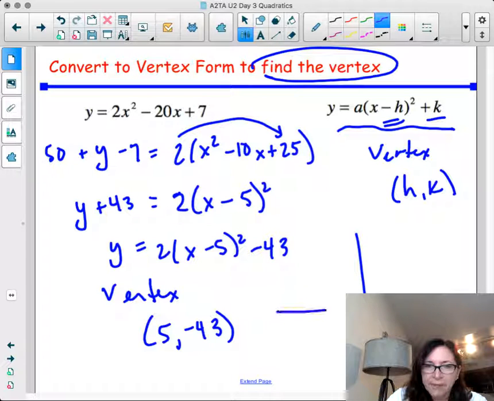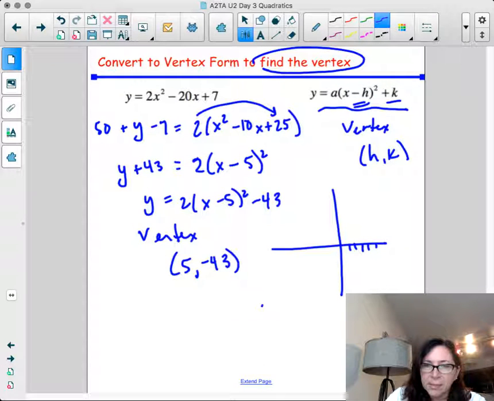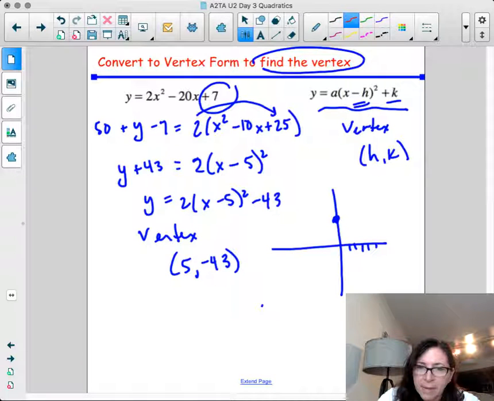So if I were graphing this, let's see here, 1, 2, 3, 4, 5. Let's see, 43 is probably way down here. So that's my vertex. Keep in mind, my y-intercept is 7, which is up here. So graphing, I'm trying to graph this.